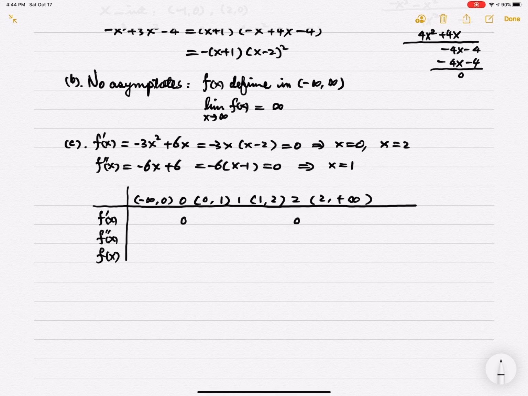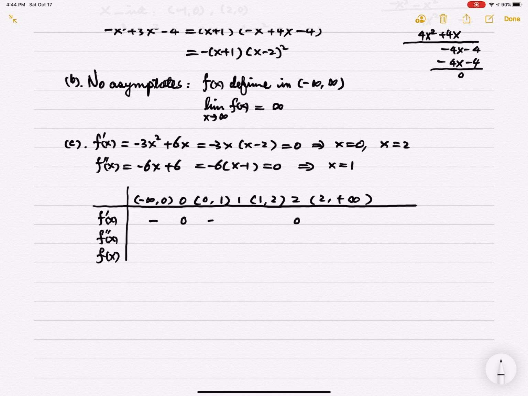Now, when x is less than 0, then the first derivative is less than 0. You have negative 3x, x minus 2, 3 factors. All 3 factors are negative, so multiplied together it is negative. And then between 0 and 2, you have 2 factors negative, negative 3 and the x minus 2, and then x is positive.